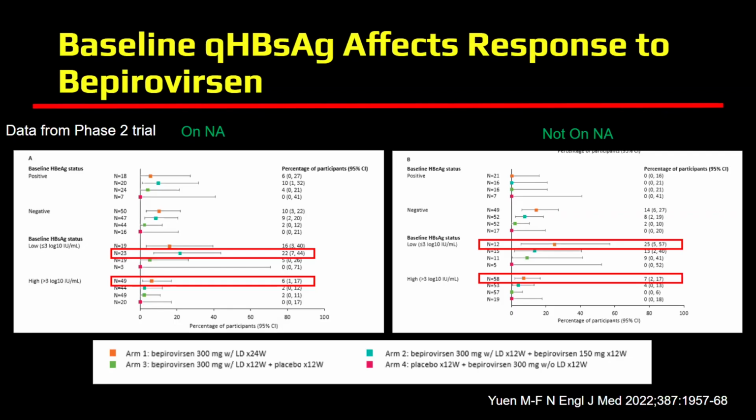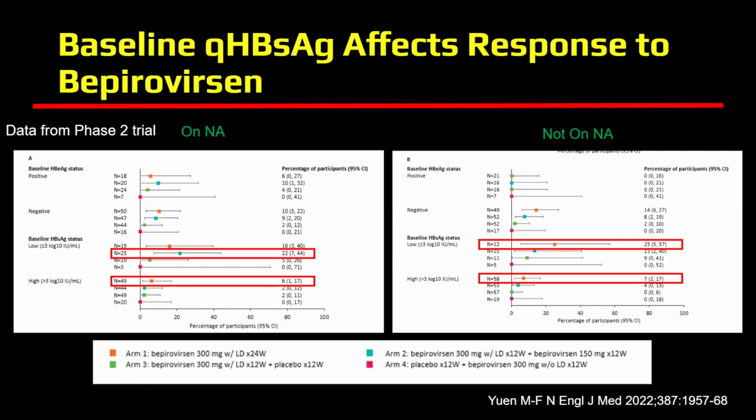On the left panel, you can see among patients on nucleoside analogs receiving bepirovirsen, those with lower surface antigen levels, defined as less than 10 to the 3, the rate of functional cure was 22% compared to only 6% in those with levels greater than 10 to the 3.